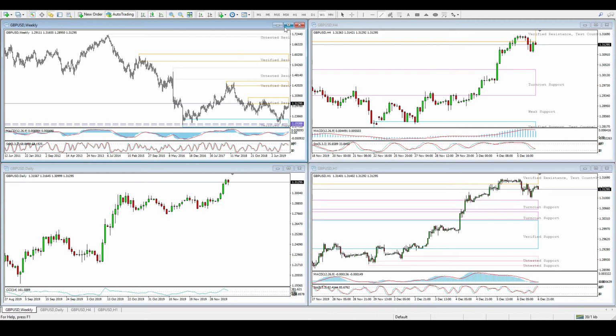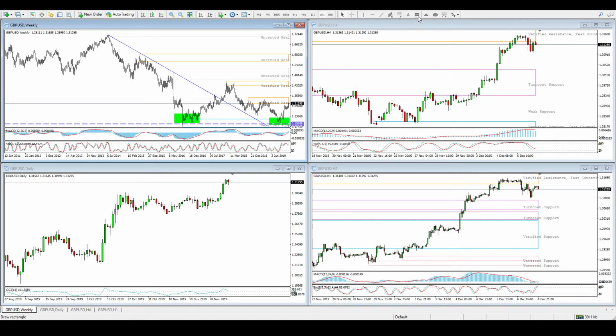Okay. Our trend line shows bearish also. Okay, with indication of double bottom right here, one right here and one right here.